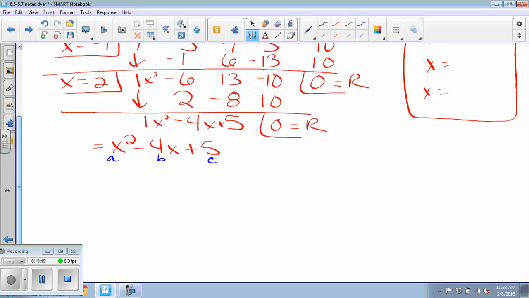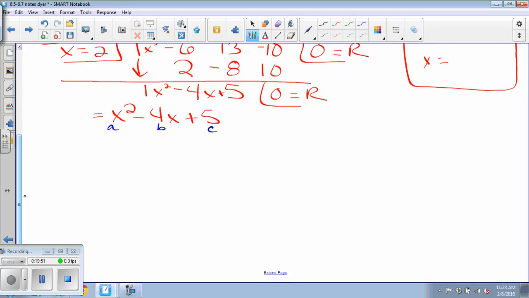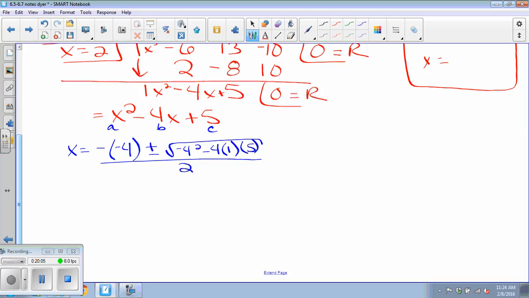This is A, this is B, this is C. So, x equals negative b plus or minus the square root of negative 4 squared minus 4 times 1 times 5 all over 2a, which is just 2 times 1. Okay? So this is positive 4 plus or minus the square root of 16 minus 20 all over 2.